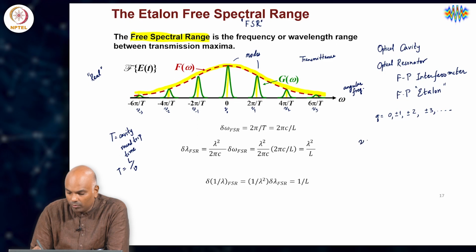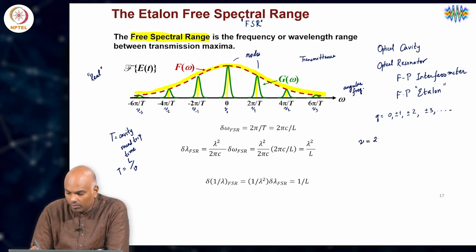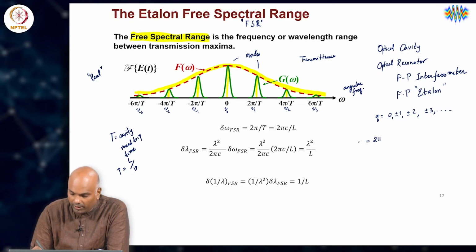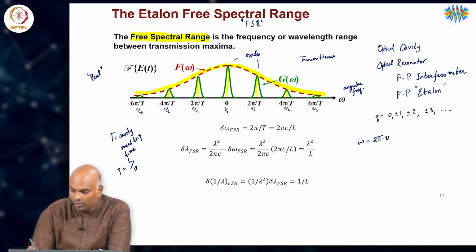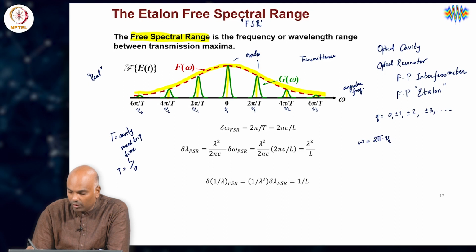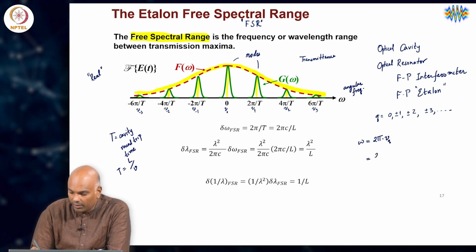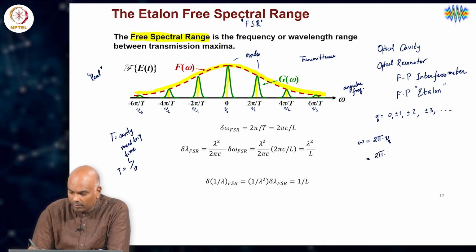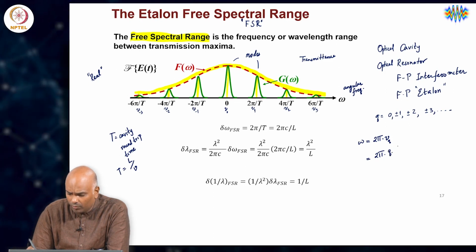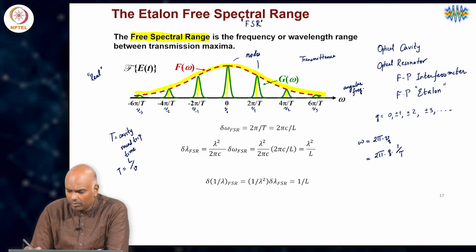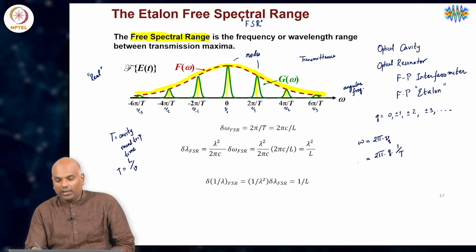Okay. So, omega is equal to 2 pi multiplying nu, but nu is nu sub q. So, we have 2 pi multiplying q multiplying 1 over t.